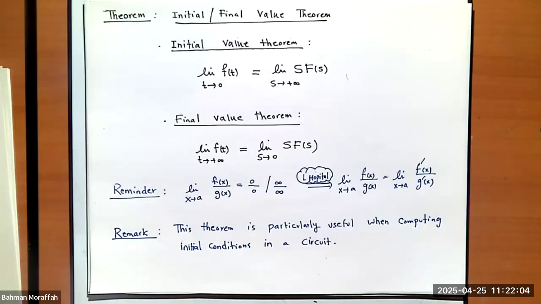So let's quickly do an example to see how we can actually apply this. And then we'll verify it by finding the inverse Laplace to see if it actually works or not.